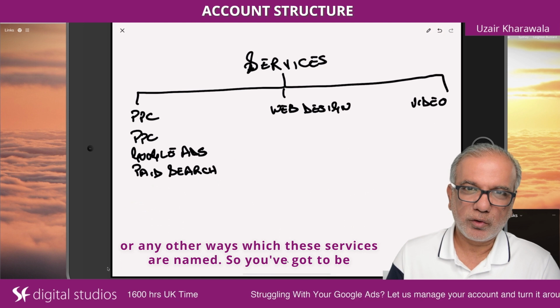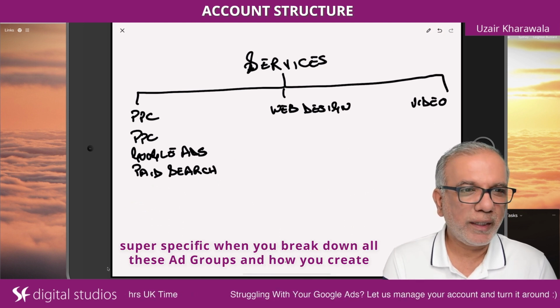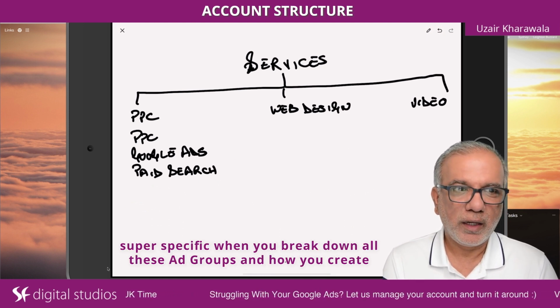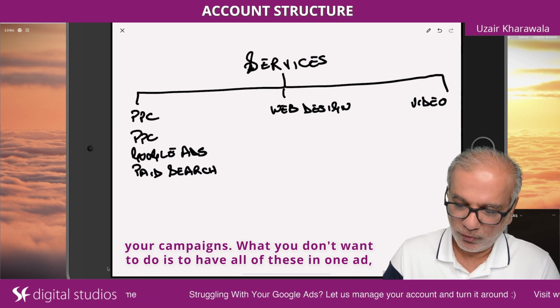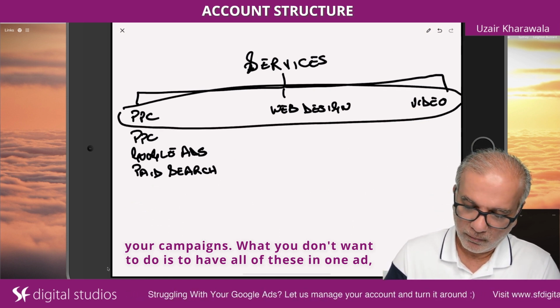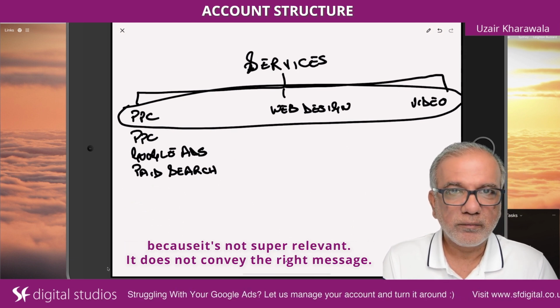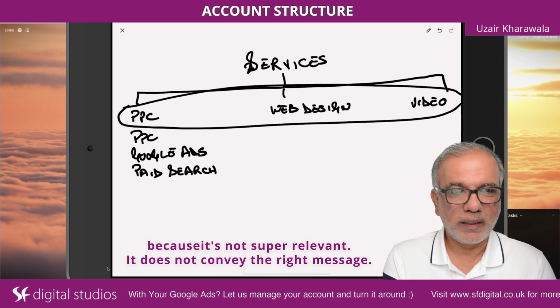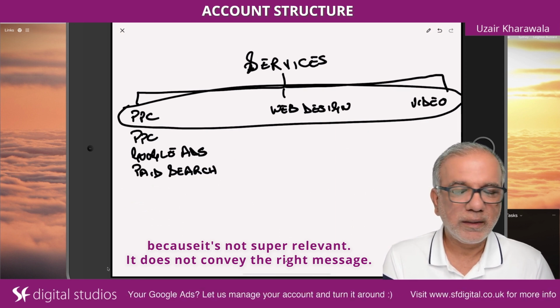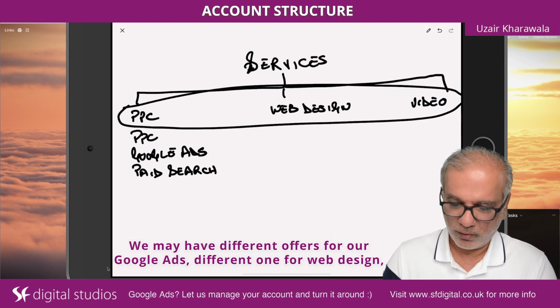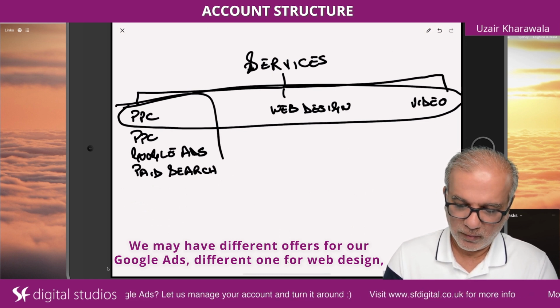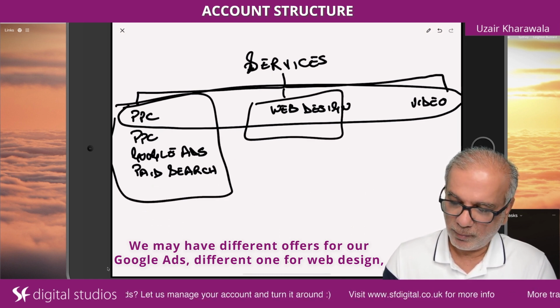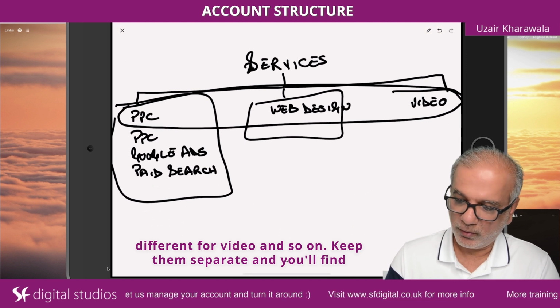So you got to be super specific when you break down all these ad groups and how you create your campaigns. What you don't want to do is to have all of these in one ad, because it's not super relevant. It does not convey the right message. We may have different offers for our Google Ads, a different one for web design, a different one for video, and so on.